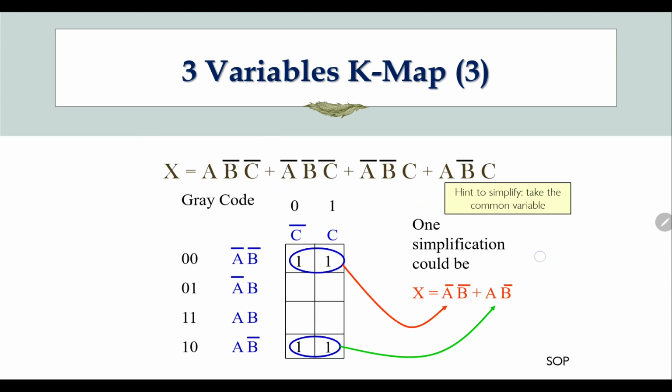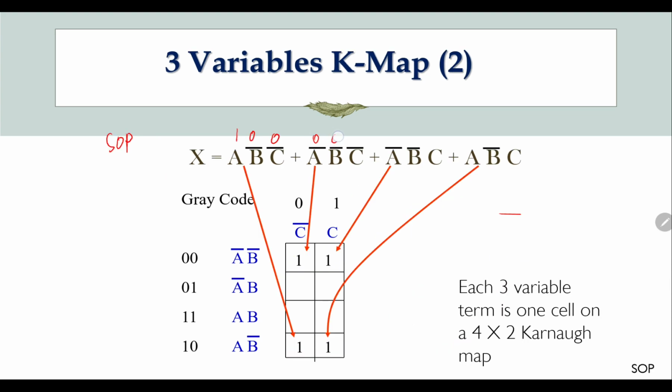So you read the SOP terms: 1, 0, 0 is here. 0, 0, 0 is here. 0, 0, 1 is here. 1, 0, 1 is here.